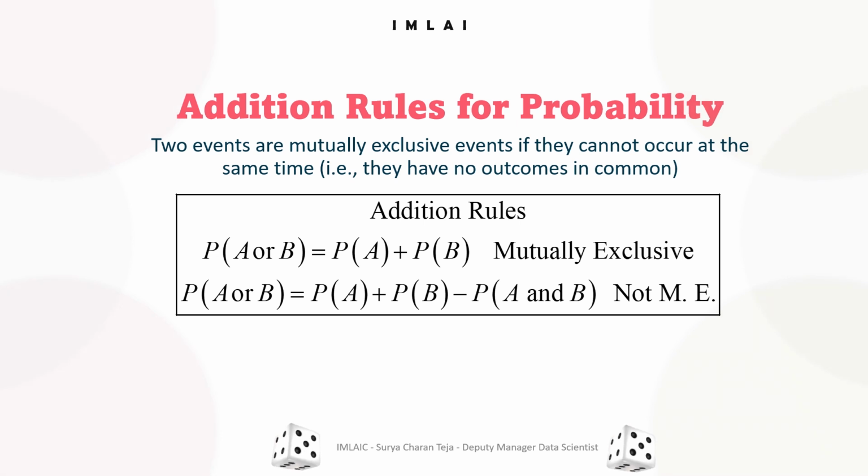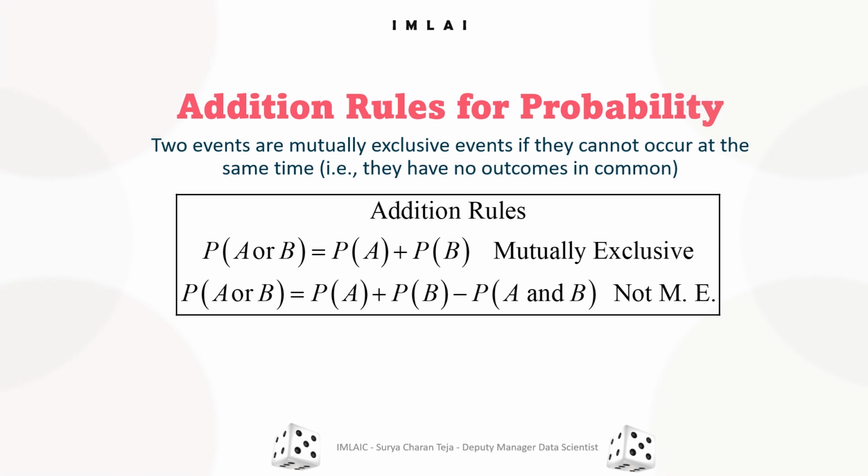I have shown it in sets and notations, why we are removing that A and B intersection part. In sets, I have explained; I would request you to watch that. So that's the addition rule. It is not something magical. It's very simple. You want to know the chances of this or that happening.